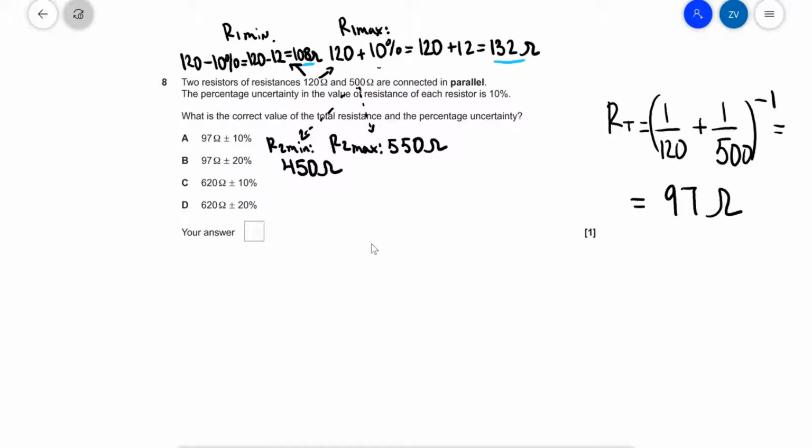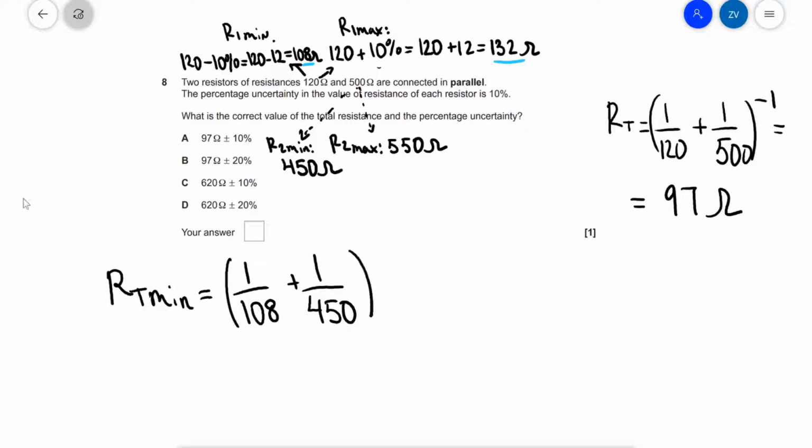Well, let's do that. I'm going to calculate, let's say, the minimum value. So our total minimum is going to be equal to 1 over 108, plus 1 over 450, raised to the power of -1. Putting that into a scientific calculator, I get 87 ohms.